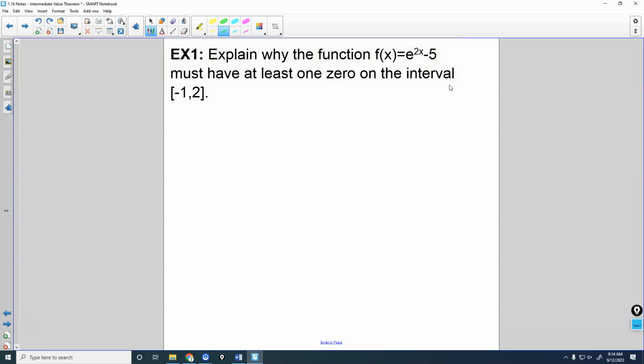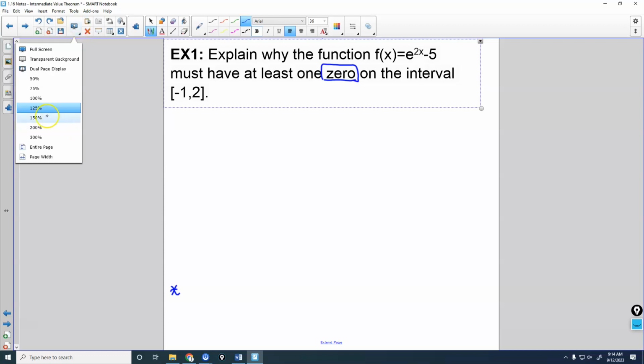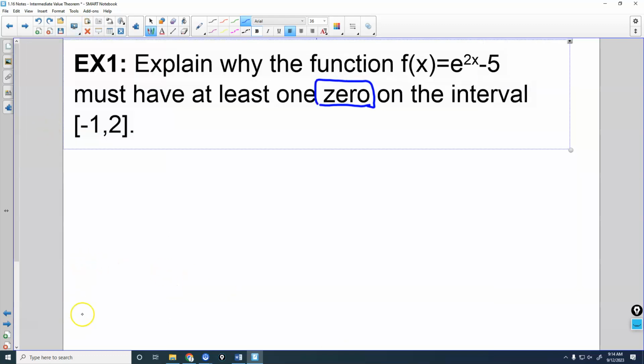Okay? So, first of all, let's make sure we got terminology right. What in the world is a 0? Let's do a little definition there. What is a 0? It is an x-intercept.